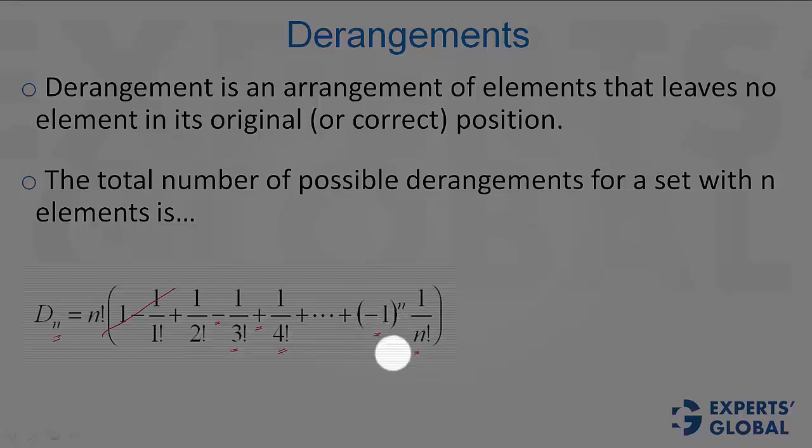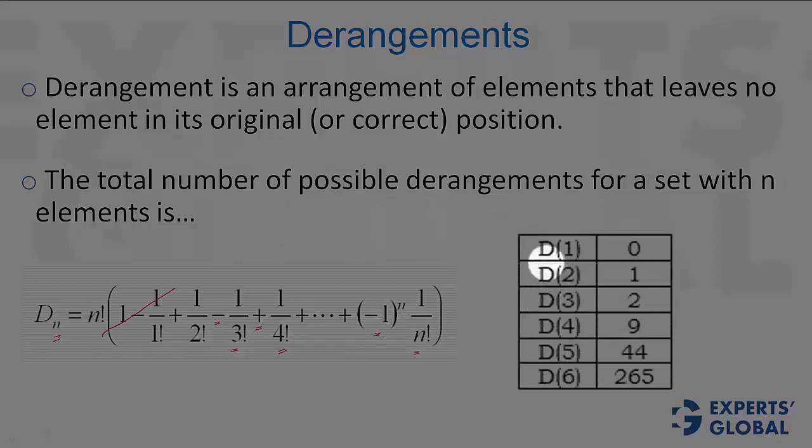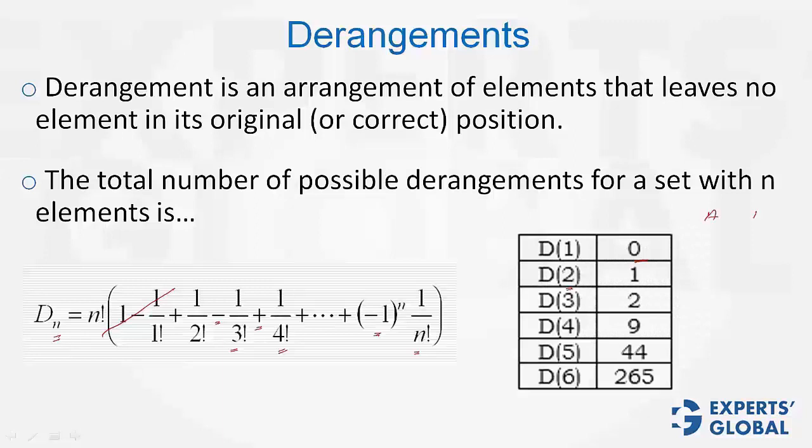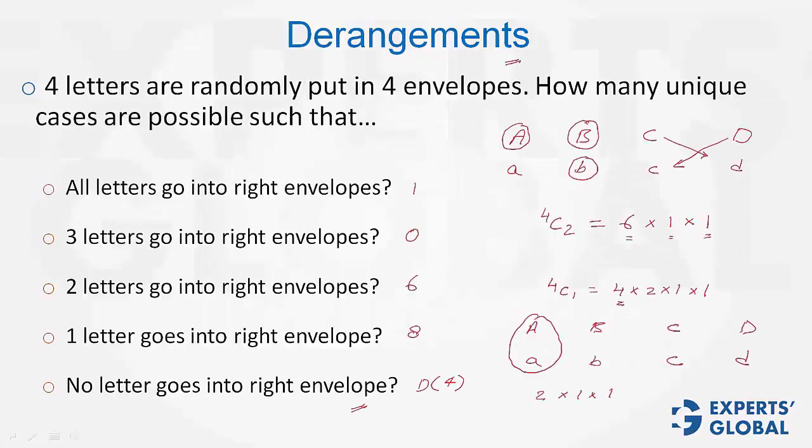Now here is a grid for values. Imagine if there's only one object. It cannot be deranged. Therefore, 0 ways of deranging one object. If there are 2 objects, imagine A, B, there is only one way of derangement, that they take each other's position. So only one way. D3 is 2. So imagine in this particular question, what happened?